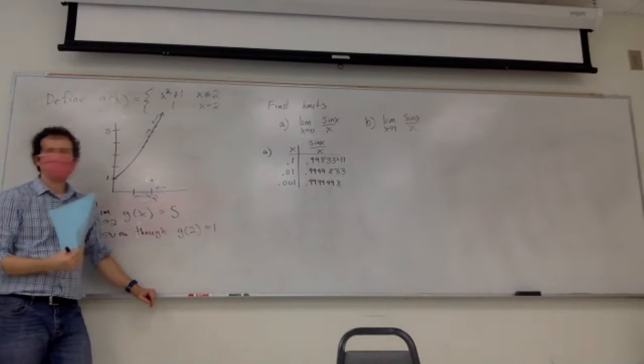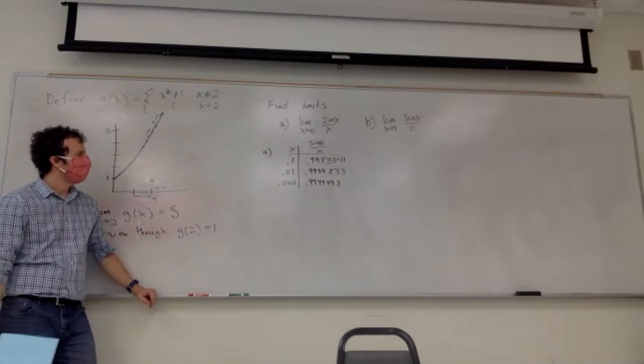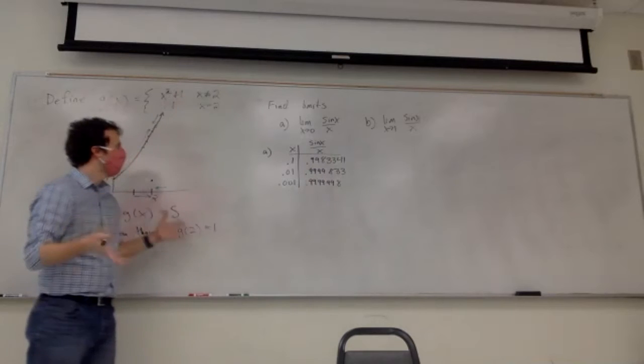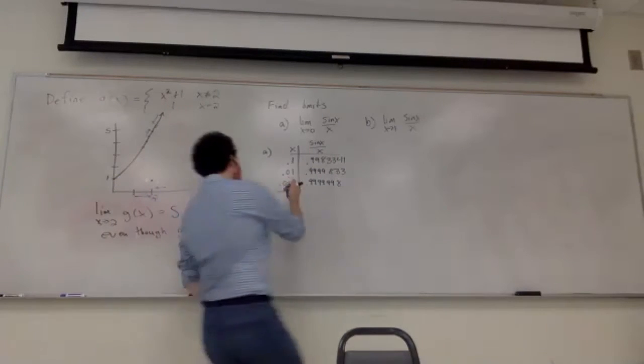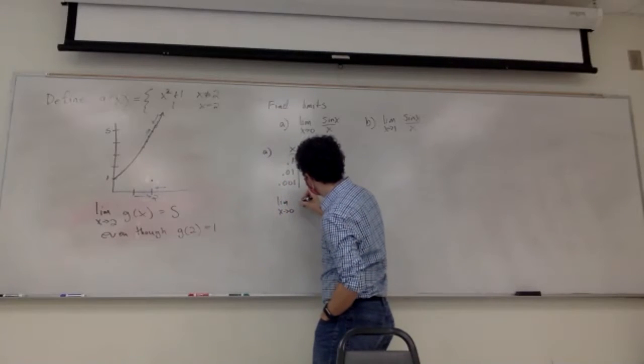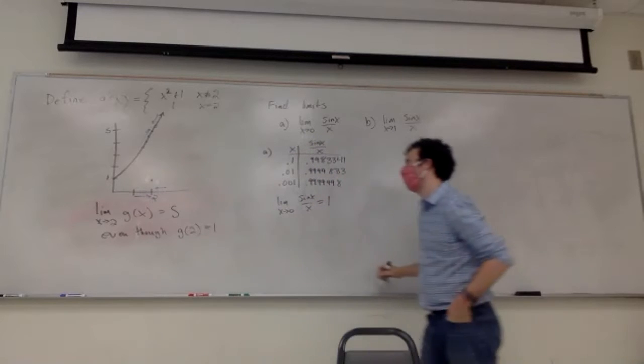So what does it look like the limit is? 1. So here, again, and this is a strange thing about limits, and this is correct, so I'll write it down. The limit as x goes to 0 of sine x over x is 1.